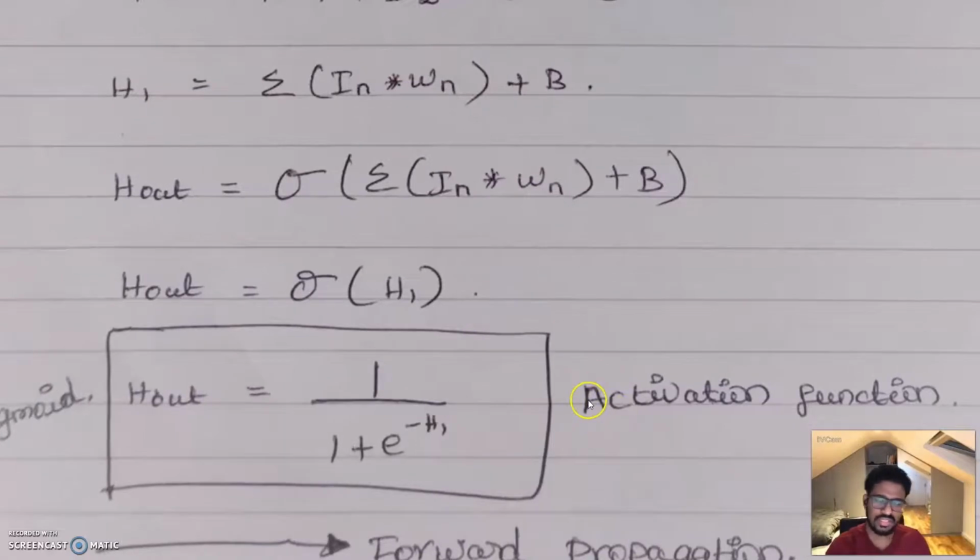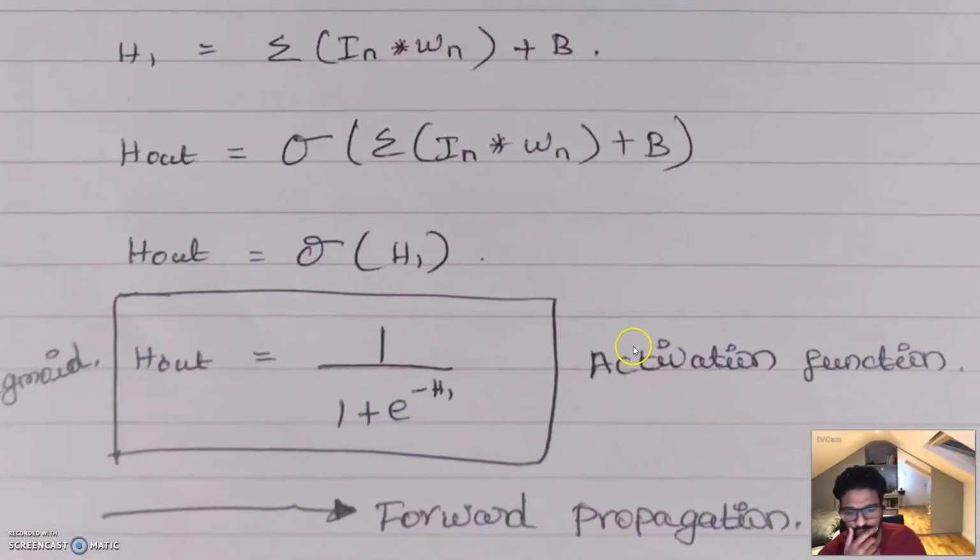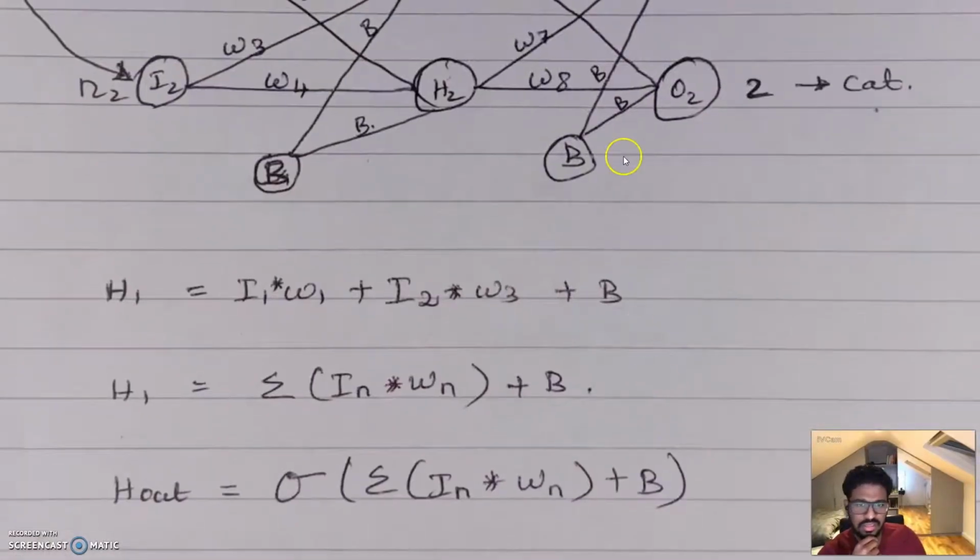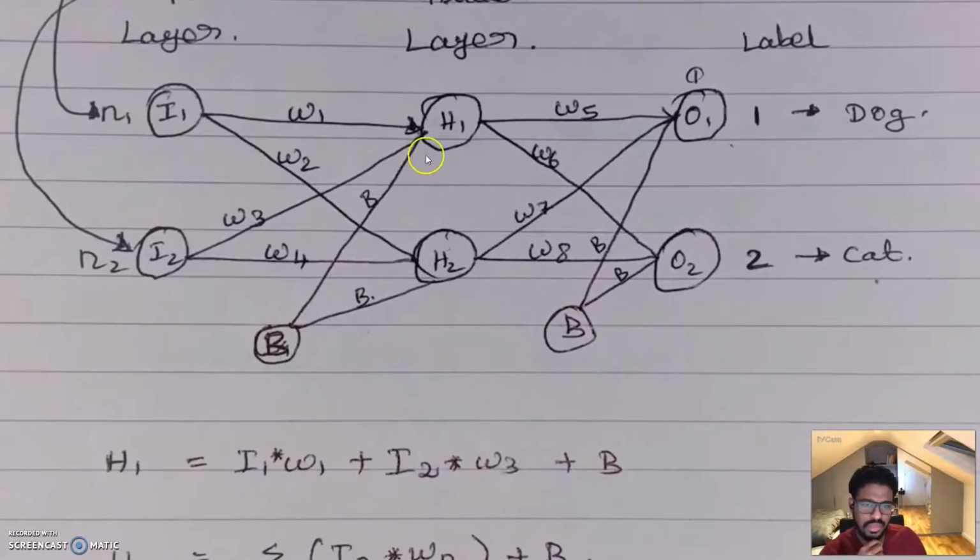Here we are using the sigmoid activation function, but there are other activation functions too, like ReLU and a few others, but sigmoid and ReLU are the most popular ones. So this is the way we are calculating the output of each neuron.